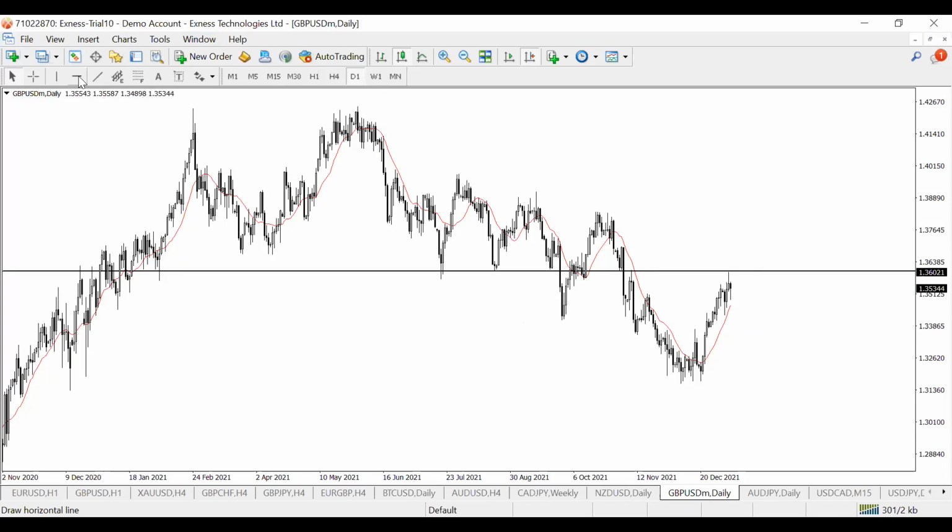Now remember that I said support is like a floor, while resistance is like a roof. Now let me start identifying them, then you see for yourself.